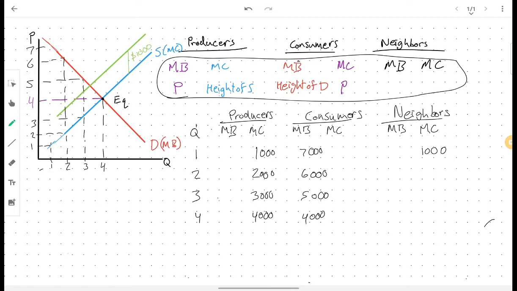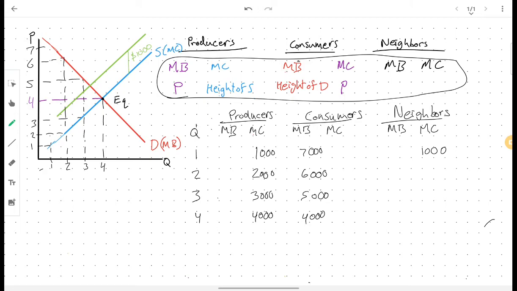Now, if they're being paid by the neighbors $1,000 to not make a car, from their perspective, that's the same thing as giving up $1,000 if they make that car, because if they make that car, they won't be given that $1,000 by the neighbors. So it's exactly the same. Okay? And are the neighbors willing to pay them $1,000 to not make that car?